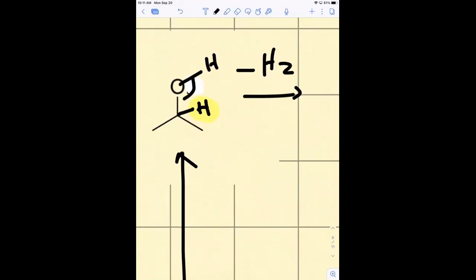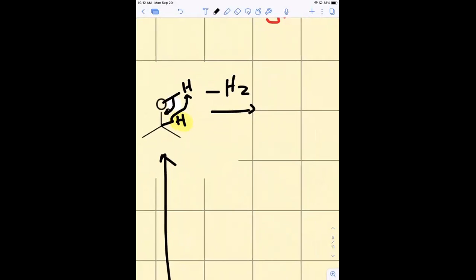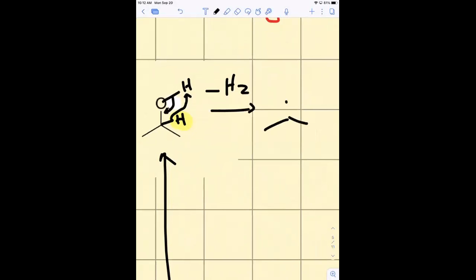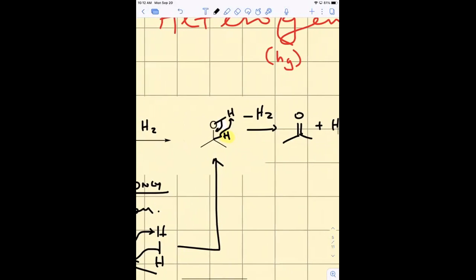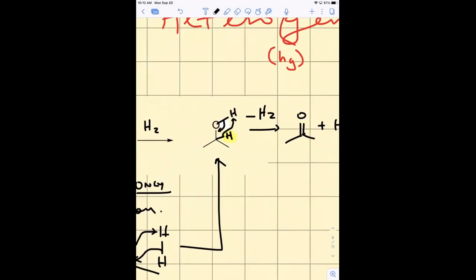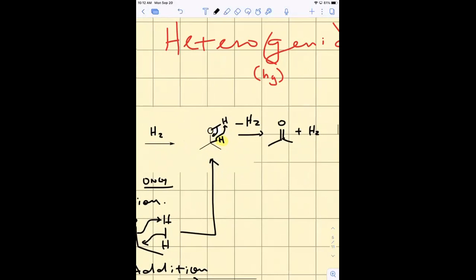Where this pair of electrons came here and this pair of electrons went here like that. That would give me back my start material, that plus H2. Is that right? So yes, addition and elimination are the reverse of one another.